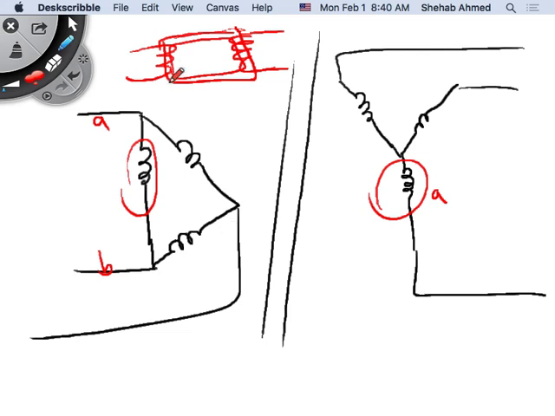But this winding and this winding are on the same core. They're seeing the same flux through them. So what is the voltage that's generated across the terminals of these windings? Exactly, it's equal to N d phi by dt. So, and they're in phase, right? So if the two windings are on the same core, they will be in phase.